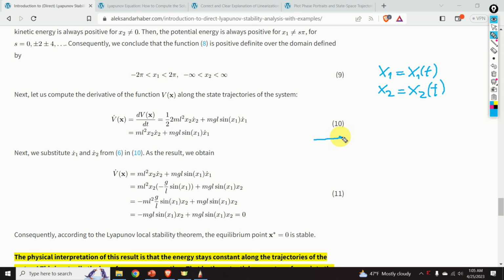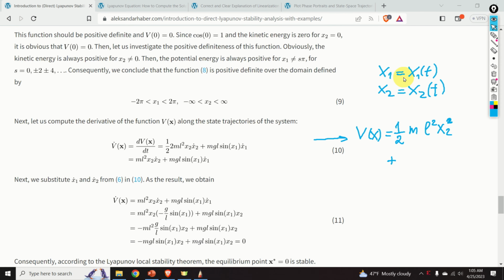And for clarity, I will write again my V of x function. The V of x function is 1/2 m L square x2 square plus, let's see what is exactly from the original expression.